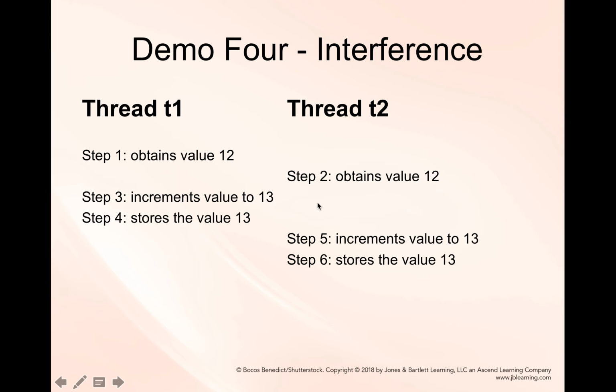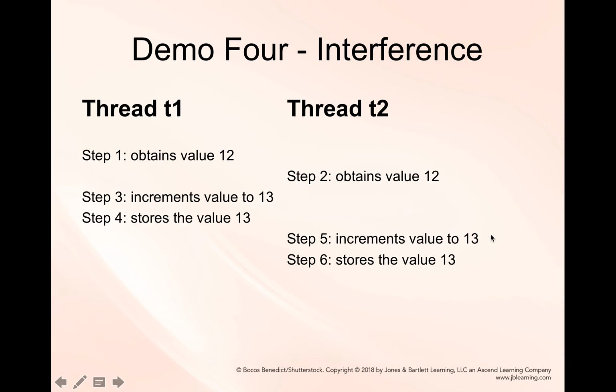So we see the problem here. Thread number 2 is working on a stale value, old value of counter. So then thread number 1 stores it, and now the memory is updated. The memory contains 13, but then in step number 5, thread 2 also updates 12 to 13. So both are basically the answer is 13.